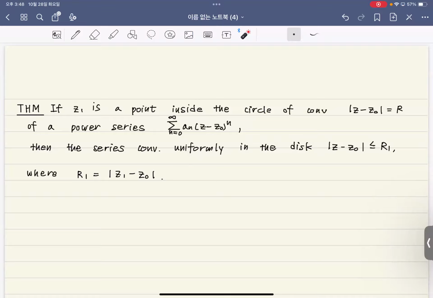In this case, my sequence of functions is nothing but the partial sum sequence, and the common domain here is this closed disk. As you can see from this picture, z1 is a point inside the radius of convergence, therefore this closed disk is slightly smaller than the circle of convergence. And I say this convergence is uniform in this closed disk.